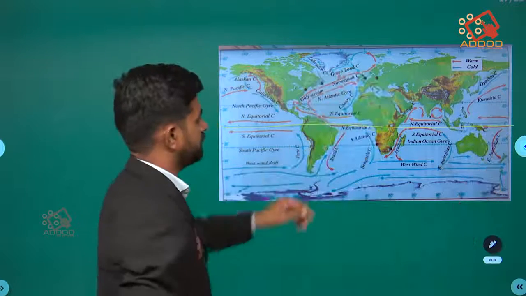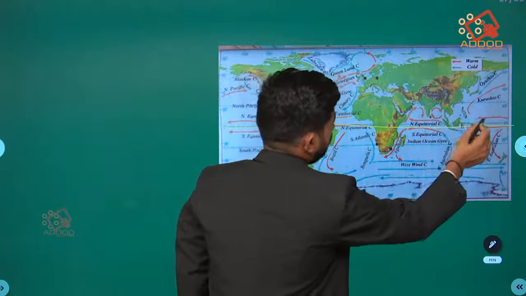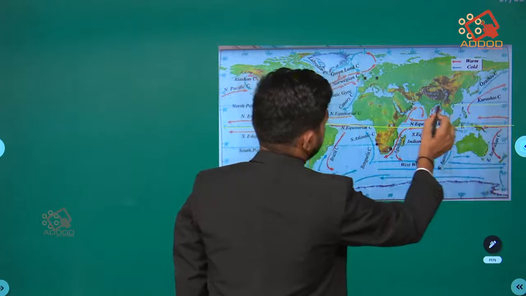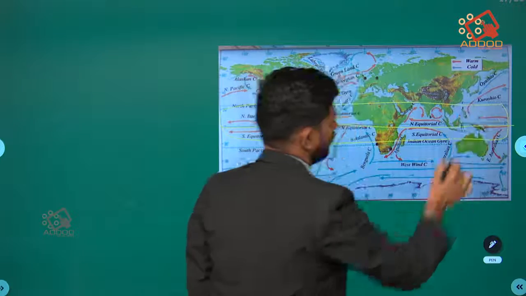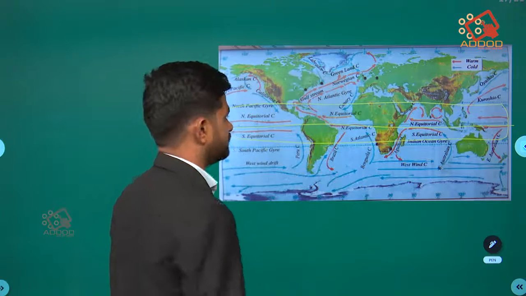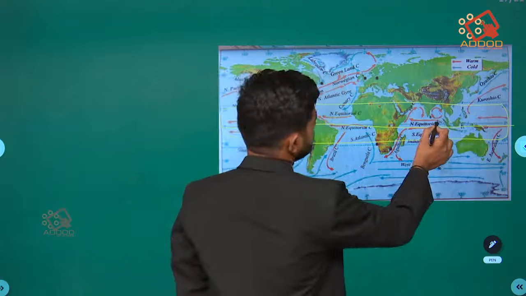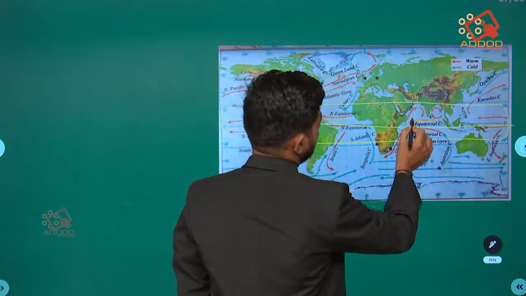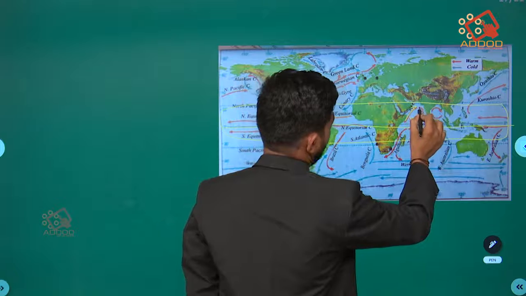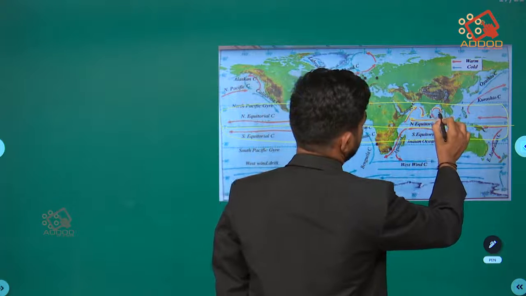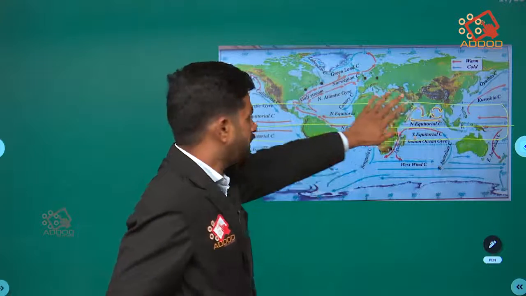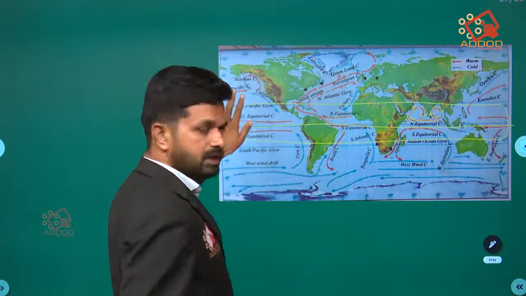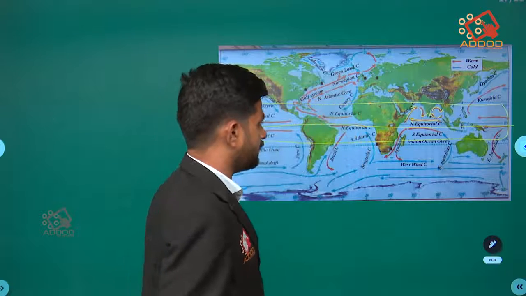You know that all the water within these limits has higher temperatures. So this is the North Equatorial Current, which is a hot or warm current. These are the warm currents. Now this entire area also has similar temperatures, so it is a warm current.